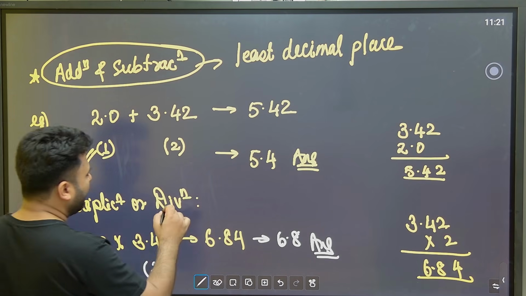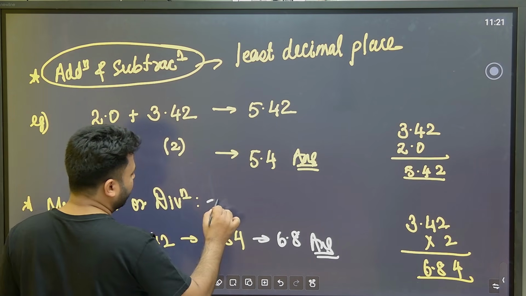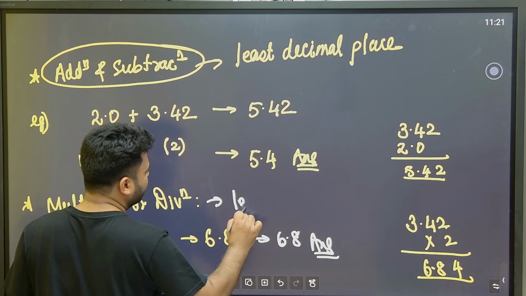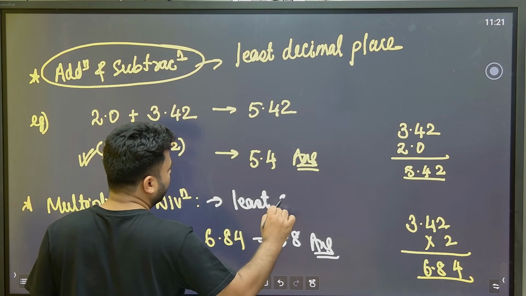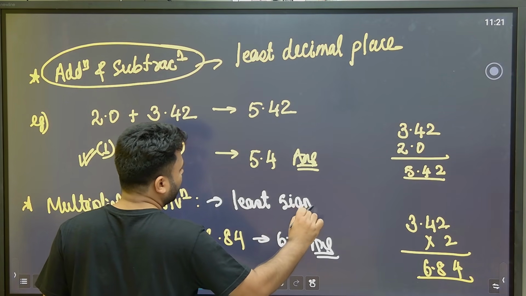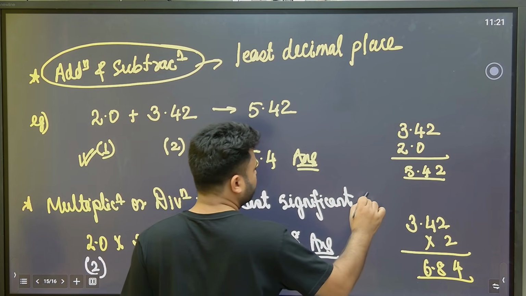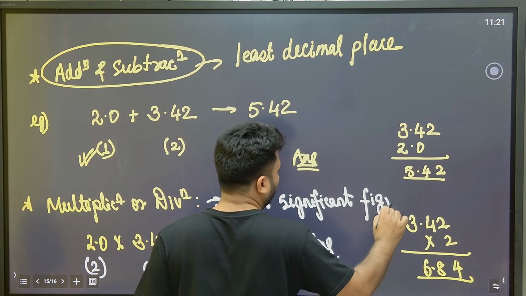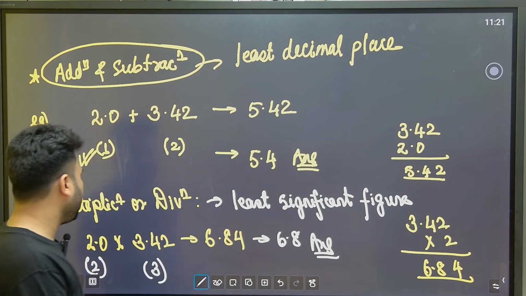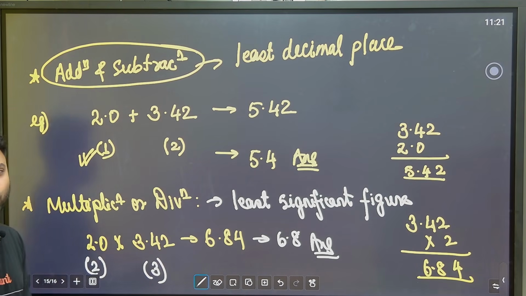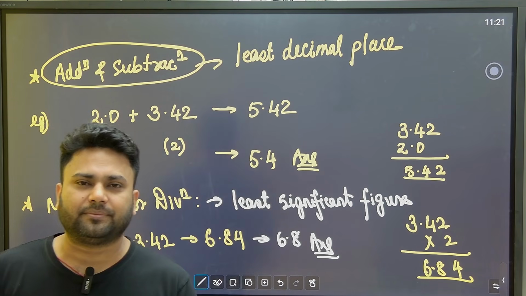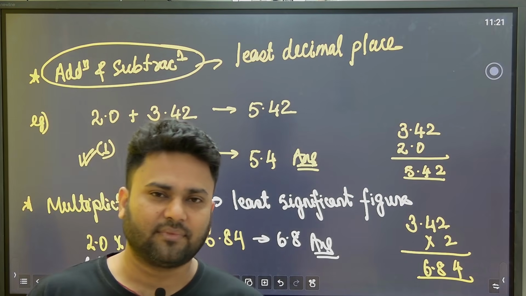So in case of multiplication or division, we see the least significant figure. Okay. So this is the rule for addition or subtraction. Correct?